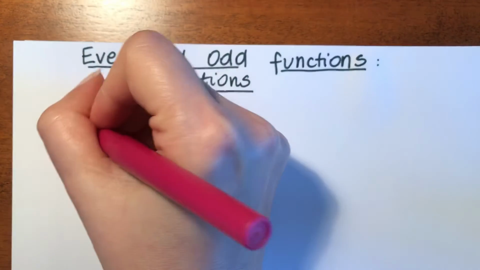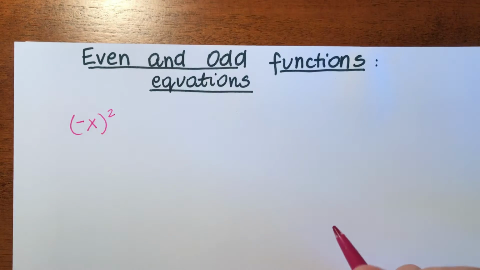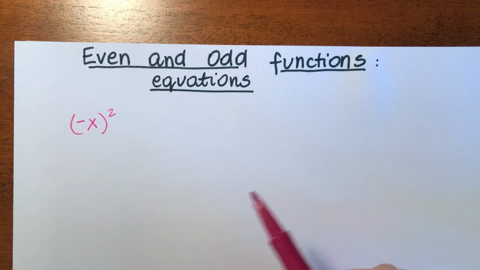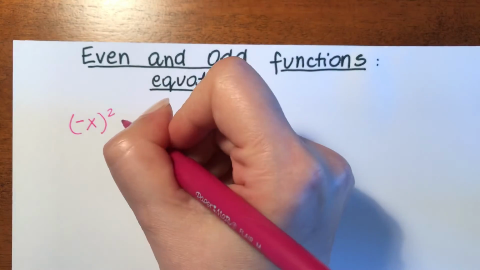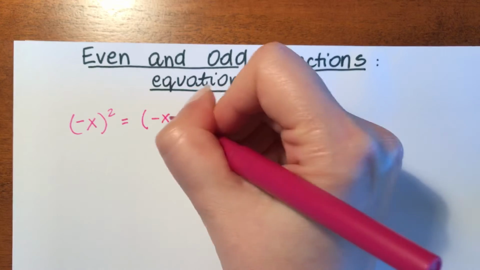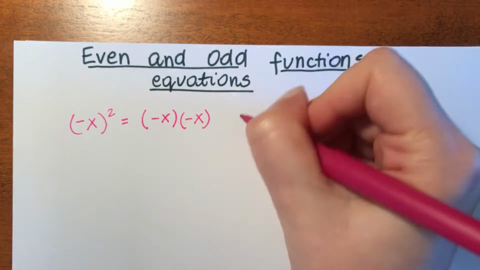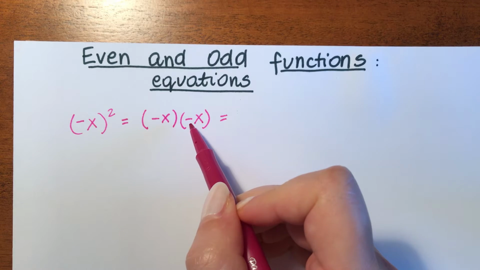So for example, if I have negative x raised to the second power, the goal is to determine whether it's a negative or positive answer. So negative x to the second power is the same as negative x times negative x. We know that negative times negative gives me positive, okay?